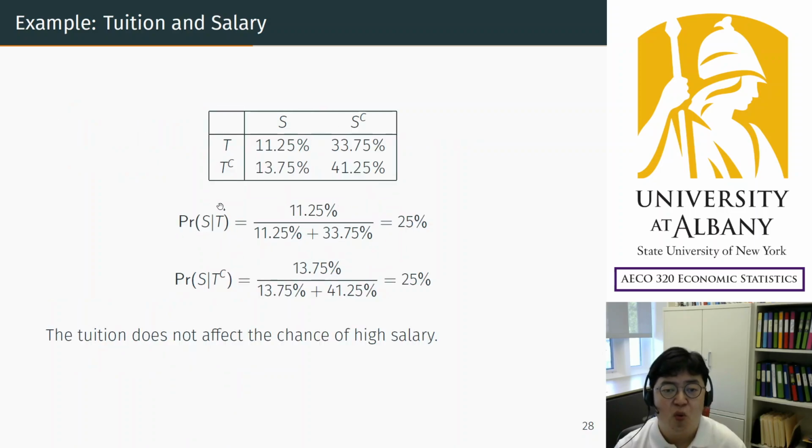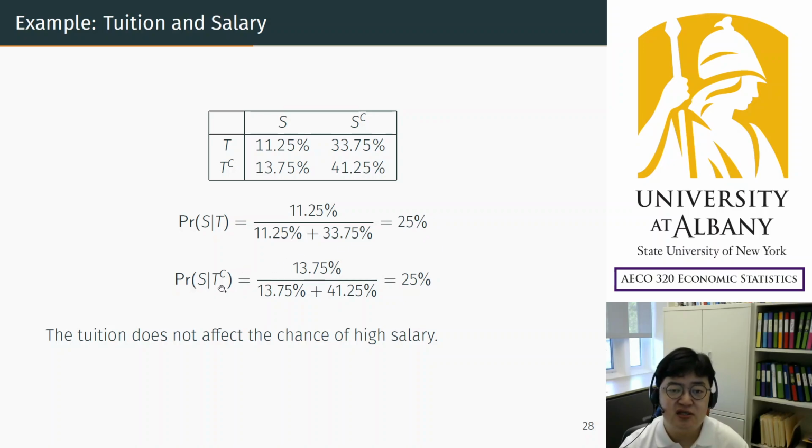When you calculate the conditional probability of high salary given high tuition, you are going to erase the second row. Just use the first row, those who graduated from high tuition school. Out of the first row, you are interested in high salary, 11.25. So this is the ratio, which is 25%.